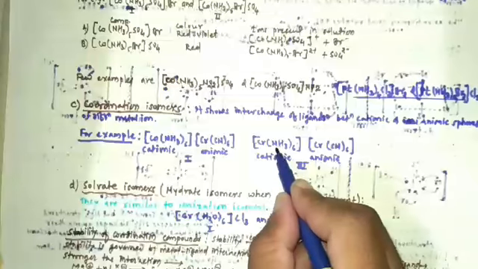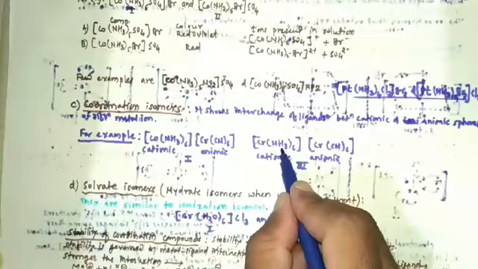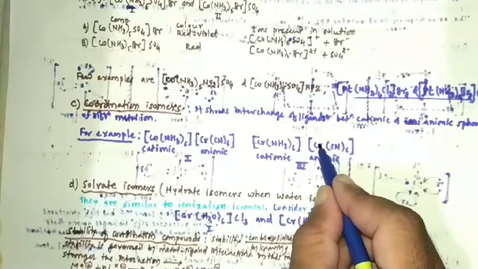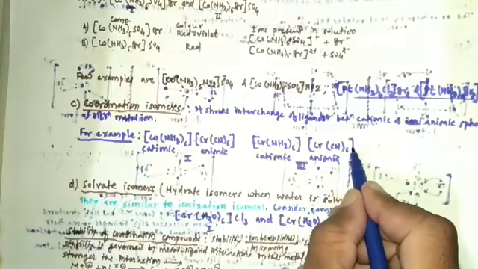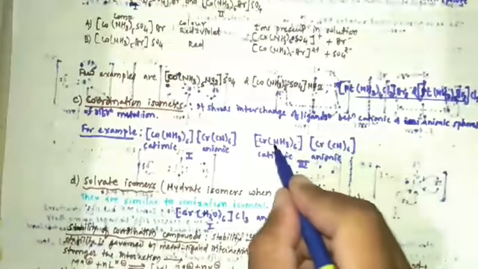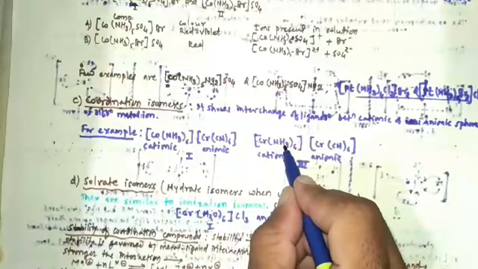Here cobalt coordinates with the cyanide ligand, and here chromium is coordinated with the ammonia ligand.